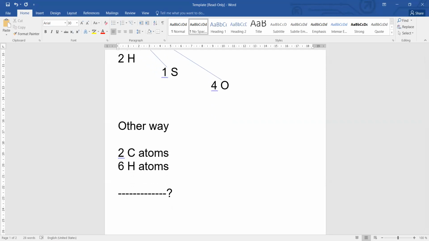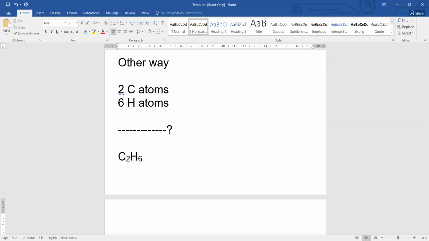This shouldn't be difficult. It should be pretty straightforward. You don't have to overthink this. So anybody besides Dr. Laura? C2H6. 100%. That's literally what the syllabus is trying to tell you, that you need to be able to look at a chemical formula and know what it means in terms of the number of atoms of everything present.